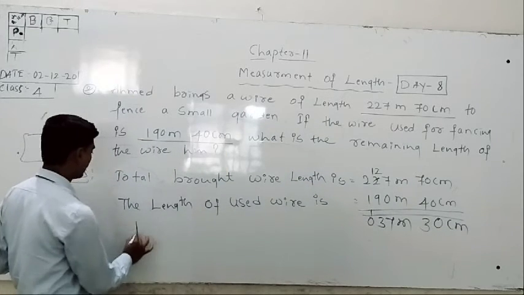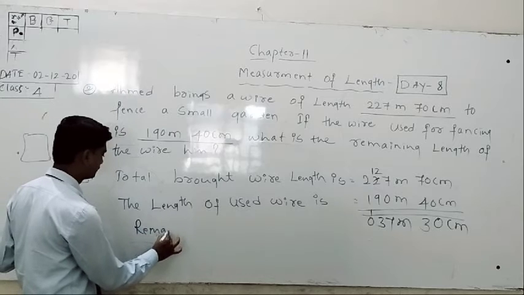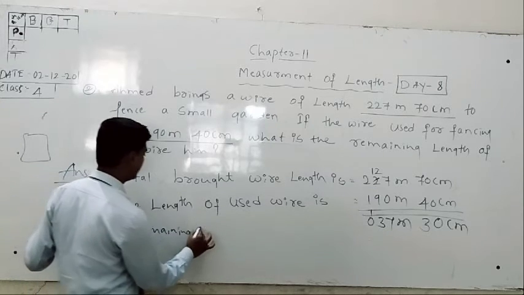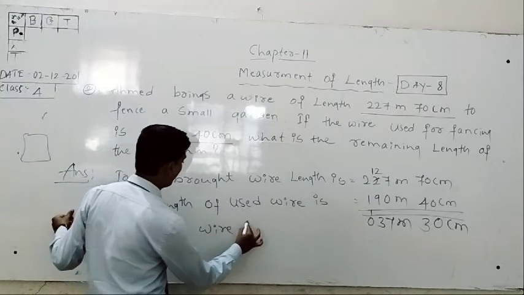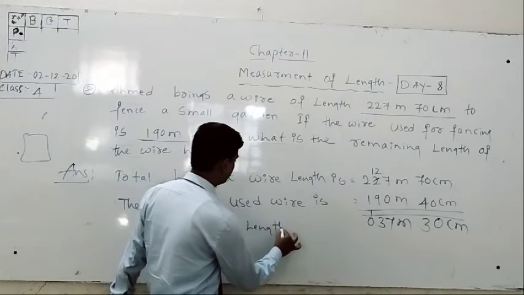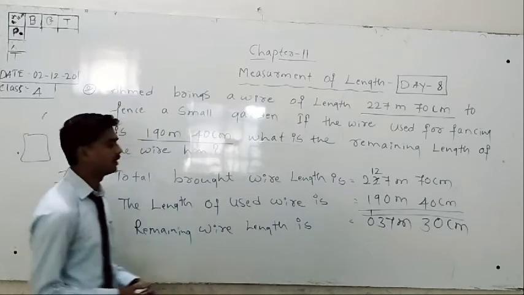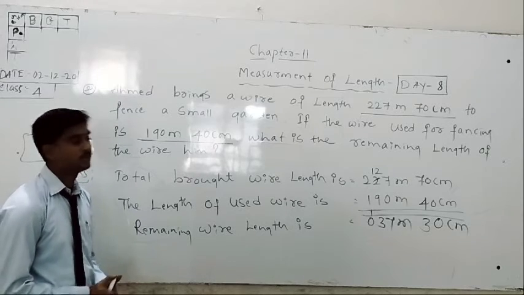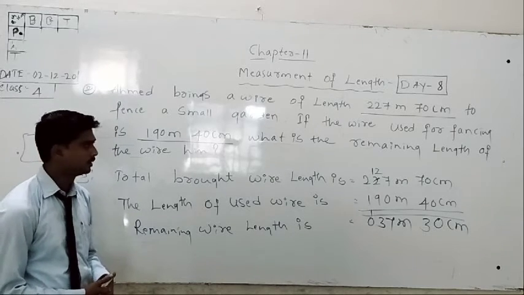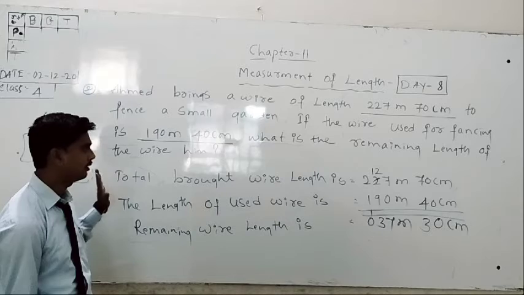Then the remaining wire length is 37 meter 30 centimeter. Understand? Okay, write down this one in your textbook.